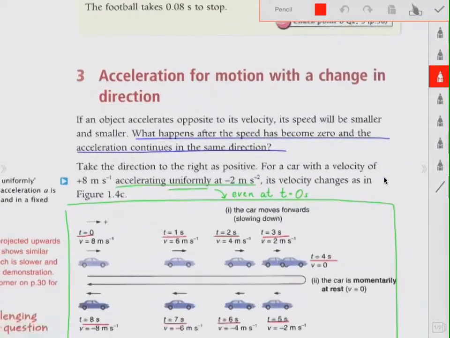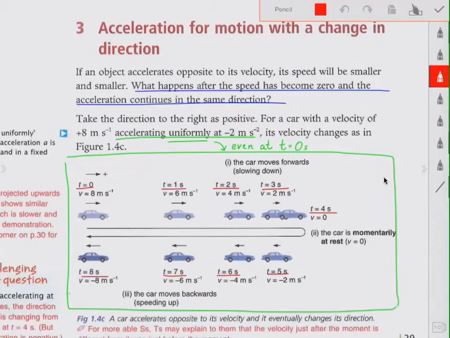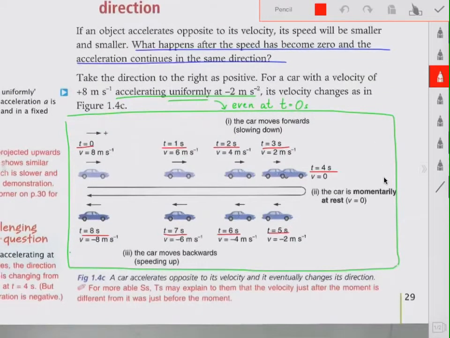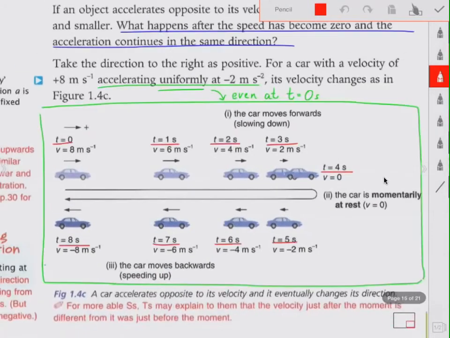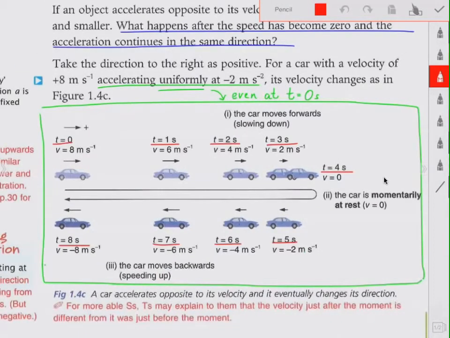The next part is about the whole picture of acceleration. Have a look here. This picture shows 8 seconds of a car, and in these 8 seconds it is undergoing uniform acceleration of -2 meters per second squared.